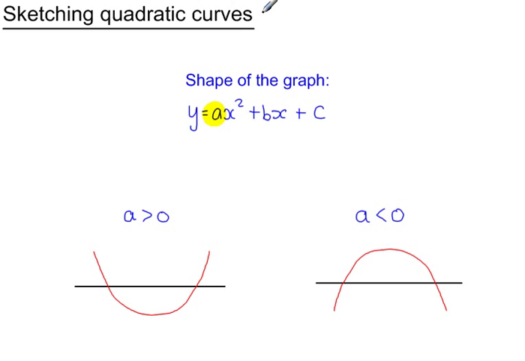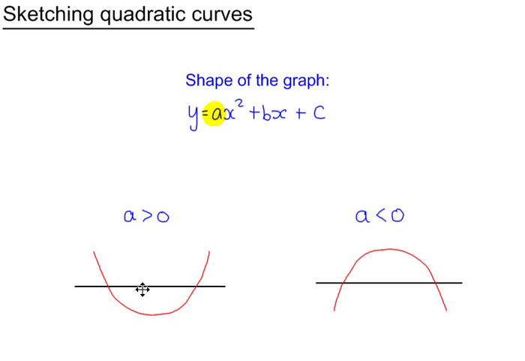Sketching quadratic curves. So if you're given an equation in this form, y is equal to ax squared, so that term has to be there, and then these two might both be there, or one of them might be there, or they both might be missing. If the coefficient of a is positive, so if it's greater than 0, you get a U-shaped curve.